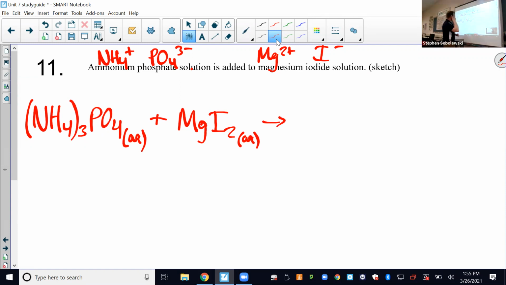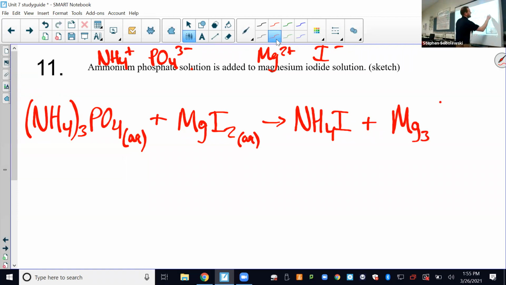Okay, so the ammonium bonds with the iodide, NH4+ and I minus gives us NH4I. No parentheses because there's only one ammonium. Plus magnesium bonds with phosphate, Mg2+ and PO4 3 minus gives us Mg3(PO4)2.